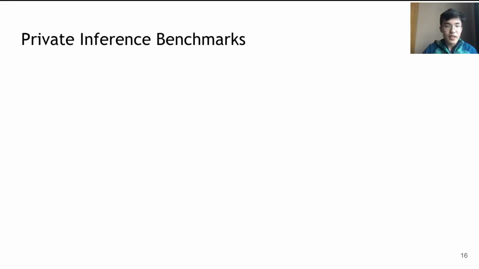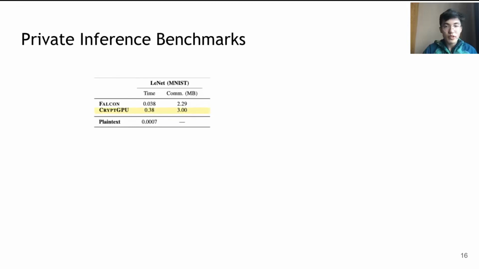We've done a systematic evaluation of the performance of our system and compared it with some of the prior work. In the case of private inference, we compare with Falcon and CryptFlow. On small datasets and models, where communication is the bottleneck, GPU acceleration does not bring much benefit, and our system is slower than Falcon on LeNet and MNIST.